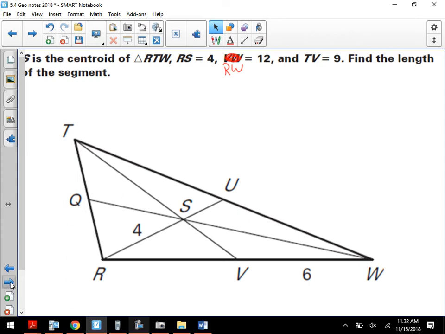So if you're connecting midpoints, you'll know what the outer segments might be.